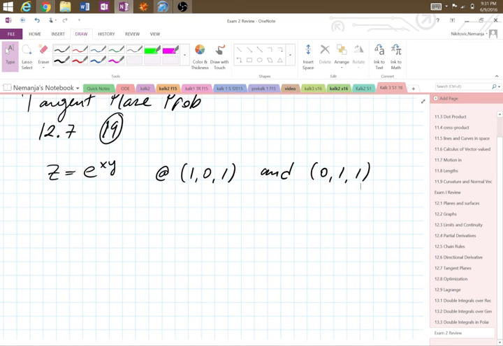We find the tangent plane when we find the partial derivatives, so we find the gradient first.